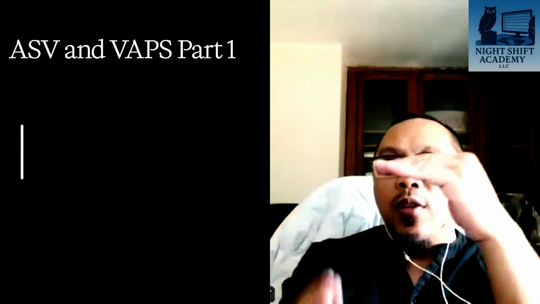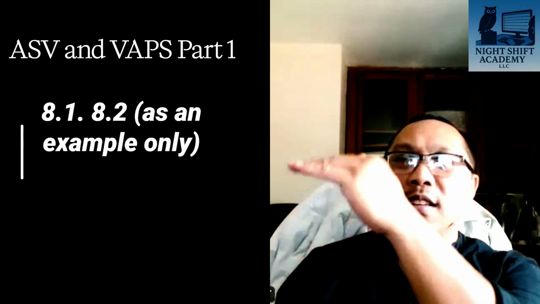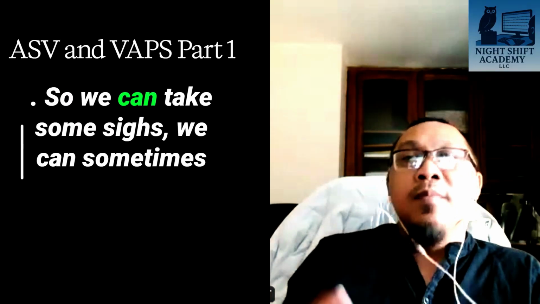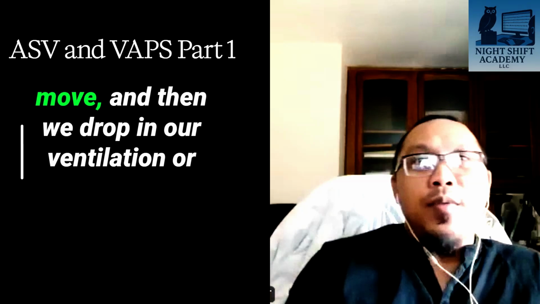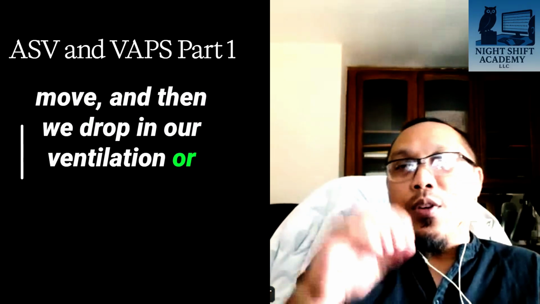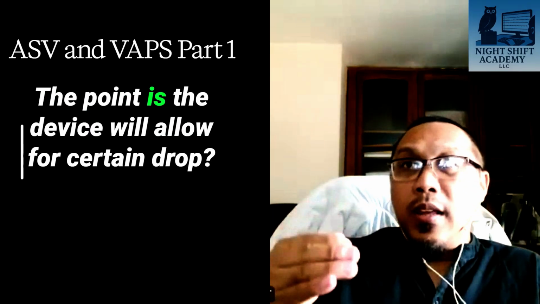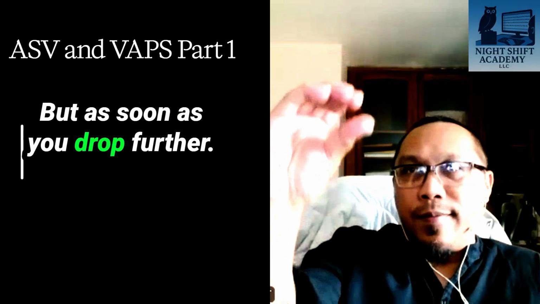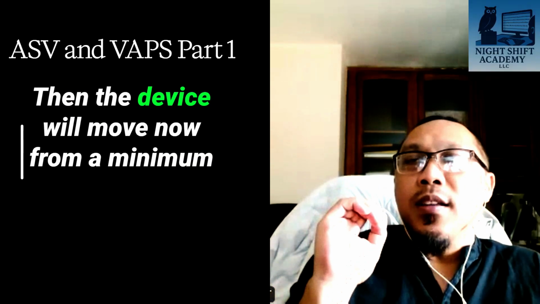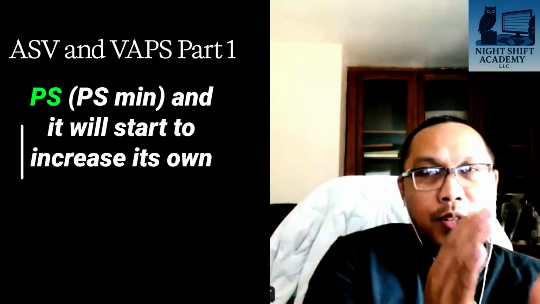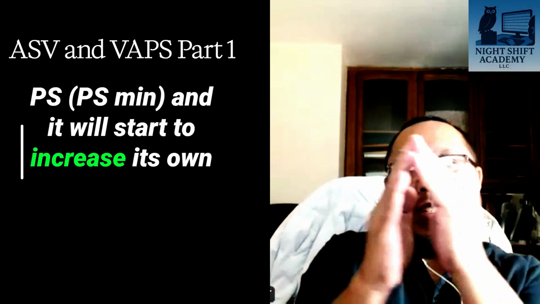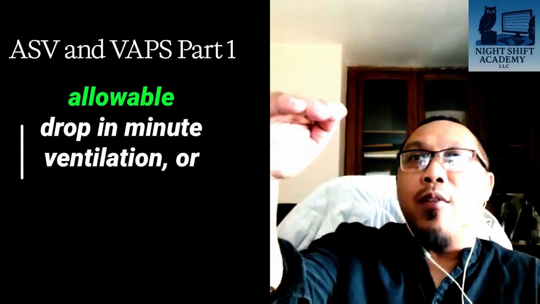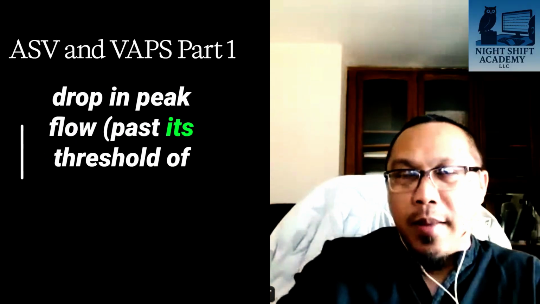Okay, there is a little fluctuation, 7.8, then 7.9, sometimes higher than that. So we can sometimes move and then drop in our ventilation or drop in our peak flow, all right? The point is, the device will allow for a certain drop, but as soon as you drop further, the device will move from a minimum pressure support and start to increase its own pressure support to push the patient to reach that minimum allowable level of minute ventilation or peak flow.